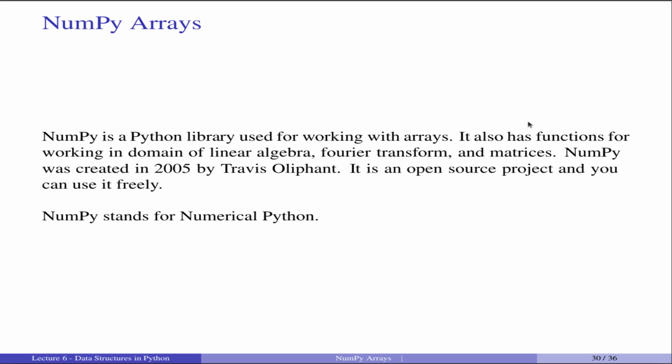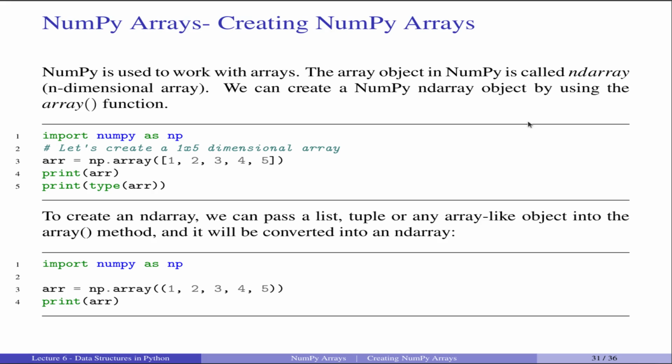Okay, so we will see a different type of unpackaged data structure, which is called a numpy array. So a numpy array is kind of like a list, but to create a numpy array, the first thing I need is to import a library for numpy.